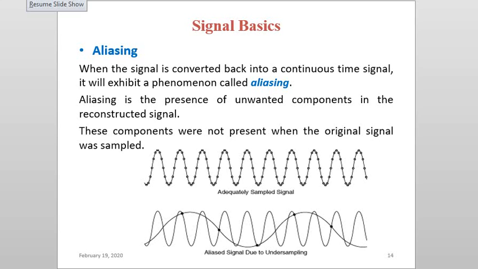That means we have the original signal which looks like this one. If we sample that signal at those rates, we get an aliased signal due to undersampling.